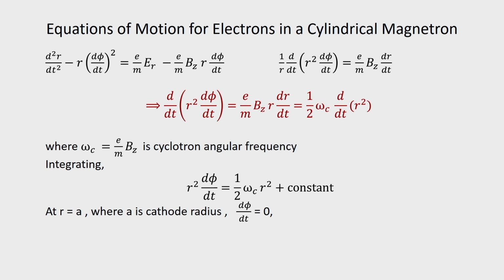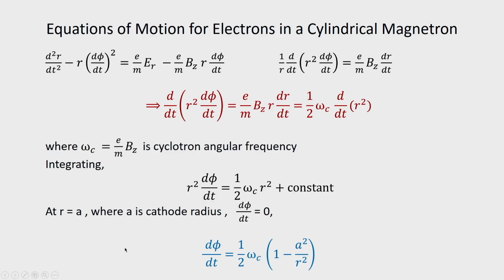Now, at r equal to a, where a is the cathode radius, we should have d phi/dt equal to 0.